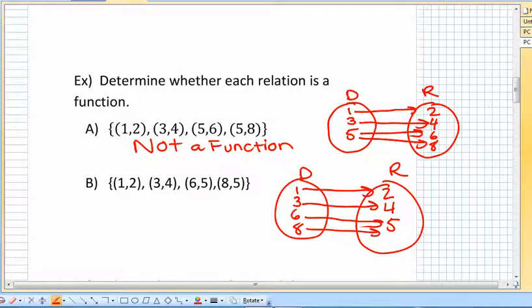This is a function because each domain value only goes to one range value. It's okay if the domain values go to the same range value as long as each is a separate one. So for example, 6 only goes to 5, 8 only goes to 5. Whereas up here, 5 went to 2 separate ranges. That's not allowed.